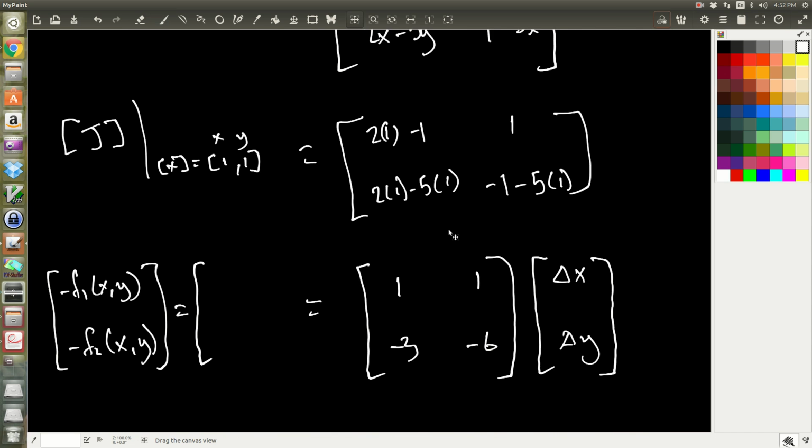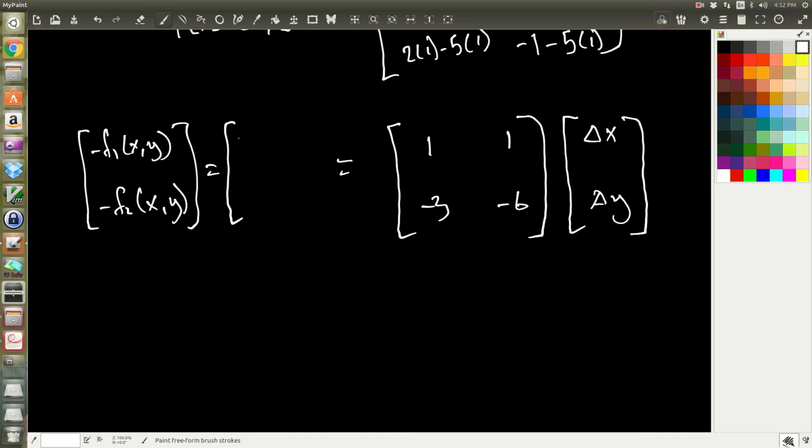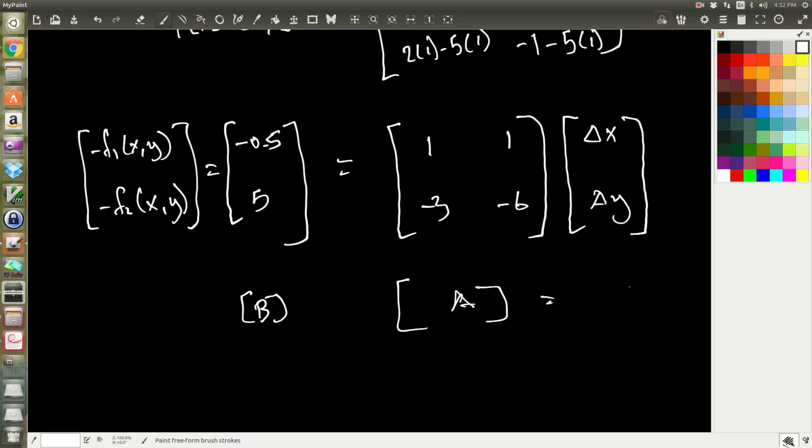So coming down here, plugging these in, we get minus 0.5, and then minus 5 becomes 5, like this. And now we have a linear system. So this is our B vector. This is our coefficient matrix A. And this is our delta x vector. There's our linear system, which we can solve and get delta x.